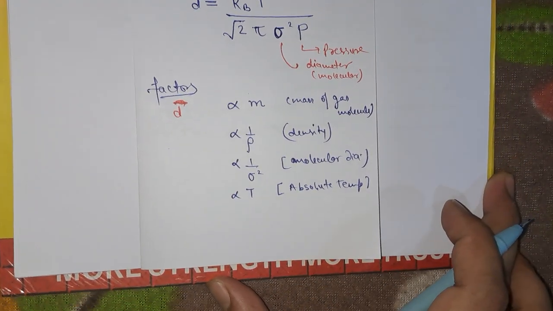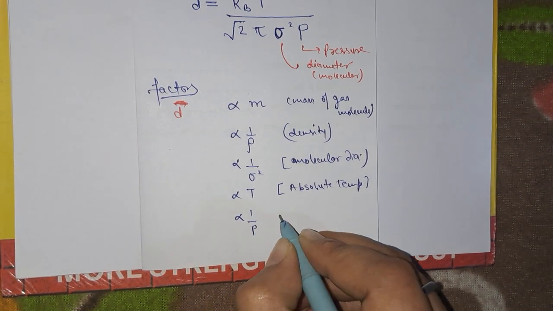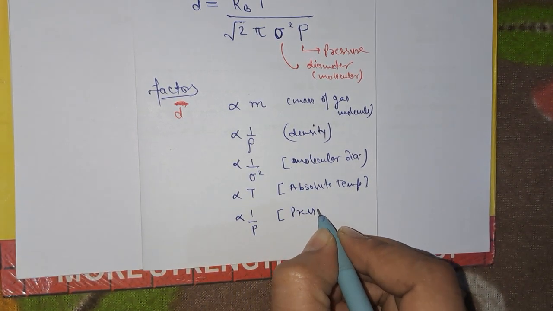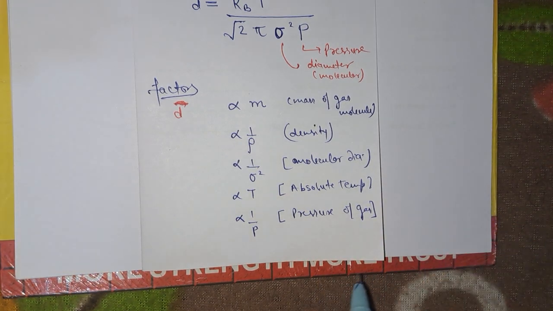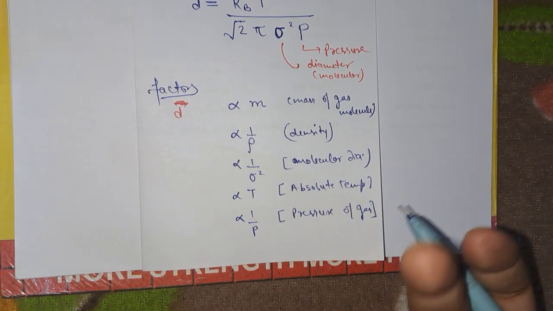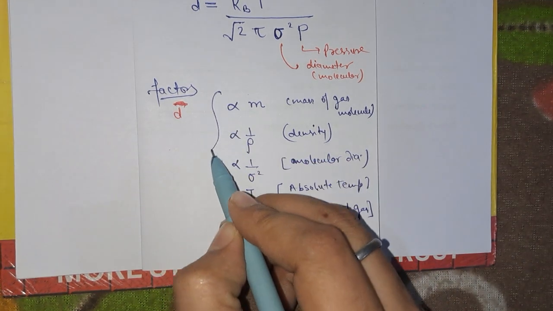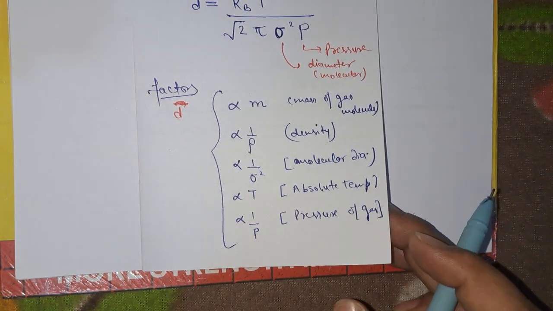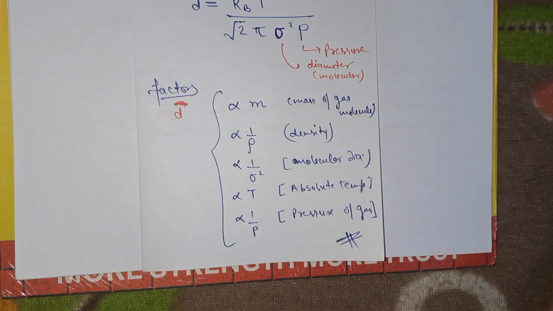And it is inversely proportional to the pressure of gas. Higher the pressure, lesser will be the mean free path, because more collisions will be there, the number of collisions will be increased. So on these factors this mean free path depends. And here the syllabus of this chapter completes.